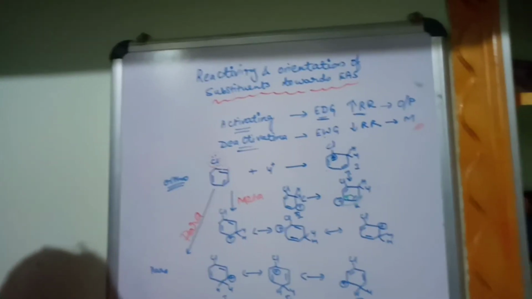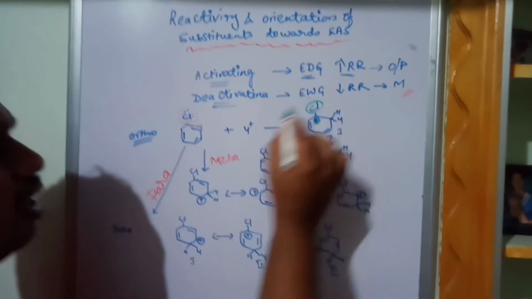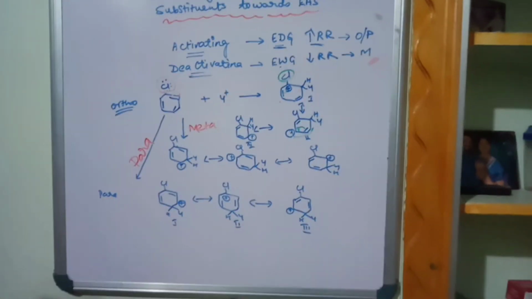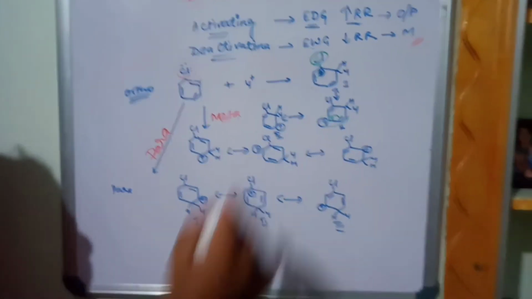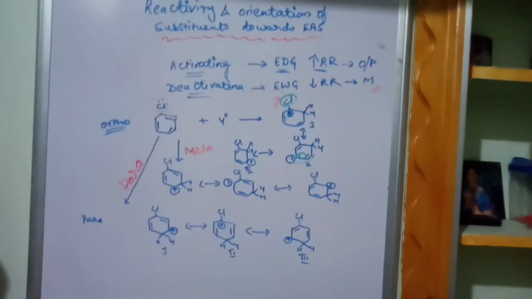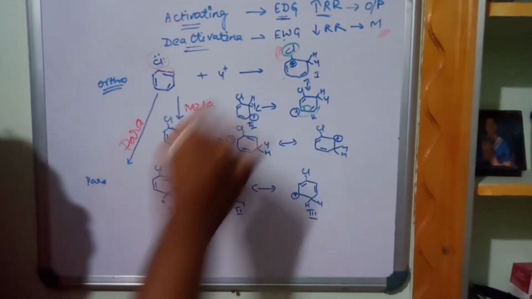Why they are deactivating groups: the carbon holding positive charge, the same carbon holding the electron withdrawing group. Carbon holding positive charge means electron deficient. And once again, what happens? Chlorine draws the electrons more and more. As a result, the positive charge will not disperse.